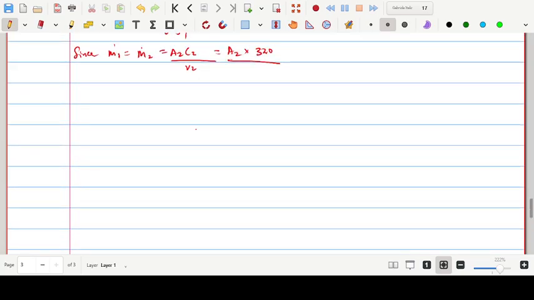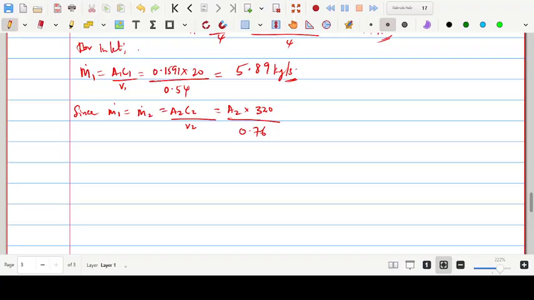So what's our mass flow rate? 5.89 is equal to A2 multiplied by 320 divided by 0.76. You cross multiply. Our A2 is equal to 5.89 multiplied by 0.76 divided by 320.